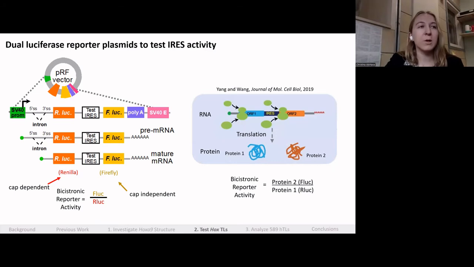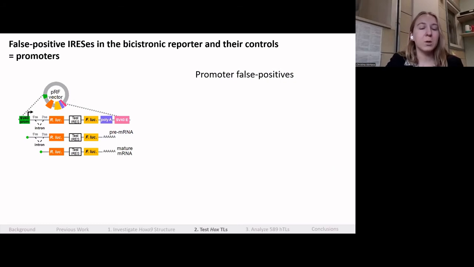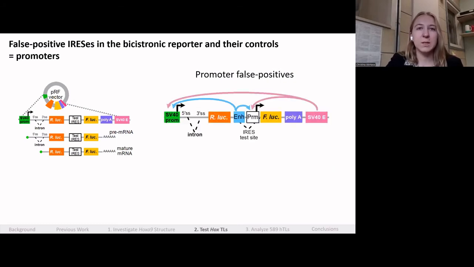And just for another schematic, this is an example of the two different proteins being made. However, the reliability of these bicistronic reporter assays is subject to debate because they often result in false positives. For example, if the transcript leader tested, the one cloned between the Renilla and Firefly luciferase, contains a promoter element, you can generate a monocistronic F-Luc transcript.